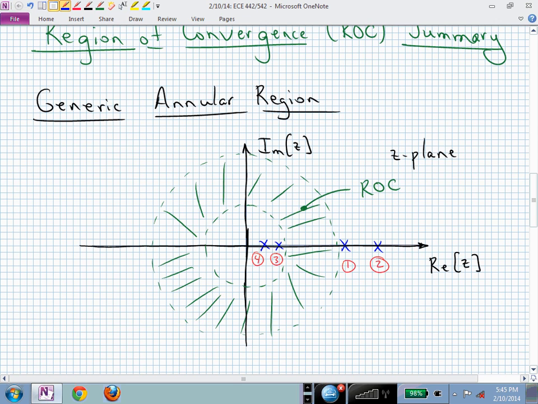But yes, 1 and 2 could be poles outside the unit circle, but they now correspond to negative time indices. So they're bigger than 1, but yet they're raised to a negative power. So they basically are in the denominator, and when you raise that to a bigger and bigger power, you're really just collapsing the contribution due to 1 and 2.